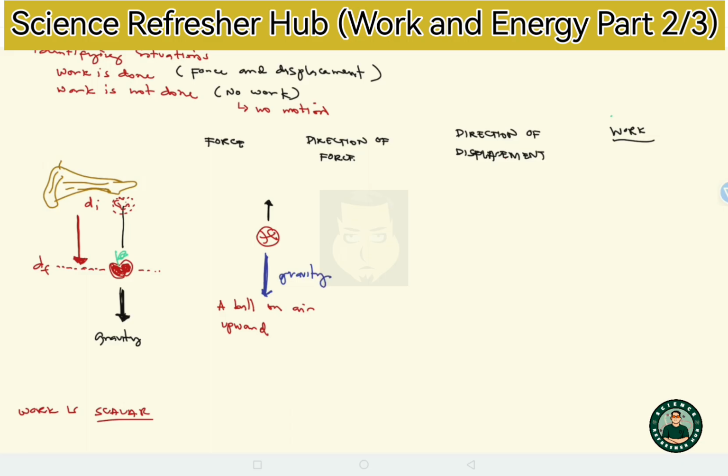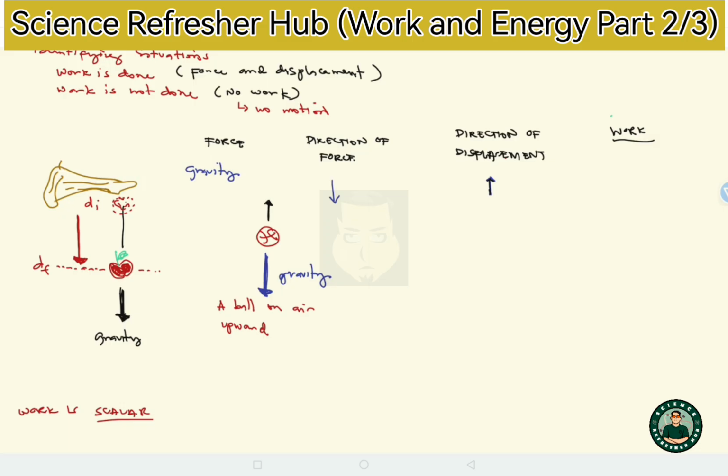Okay, so the force of gravity is our responsible force that acts now on the ball in the air. So it drags the ball downward. The direction of the force of gravity is downward, but look at the direction of the object as it is being thrown up. It's going up.